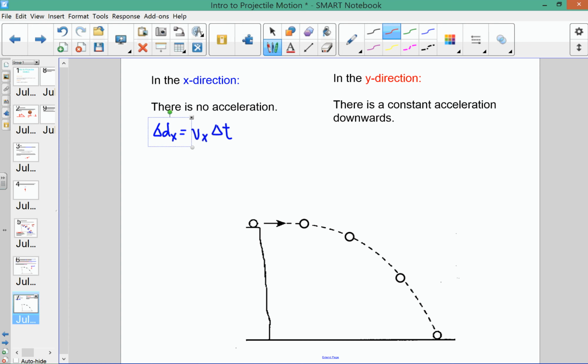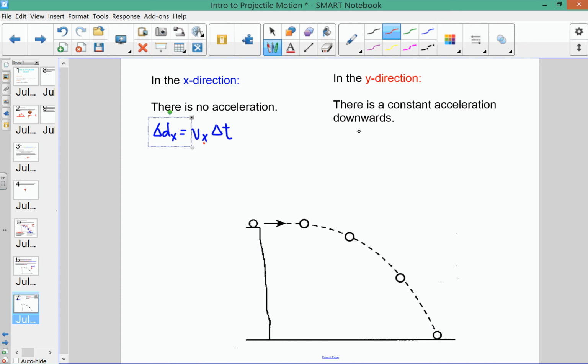Now, in the y direction, now x direction, that's it. There's just that one equation that relates the displacement in the x direction to the x velocities. Now, in the y direction, I'm going to write down those 5 kinematics equations for constant acceleration motion, except this time I'm going to use a lot of y subscripts because this motion is only for the vertical y direction. So let's go ahead and write them all down.